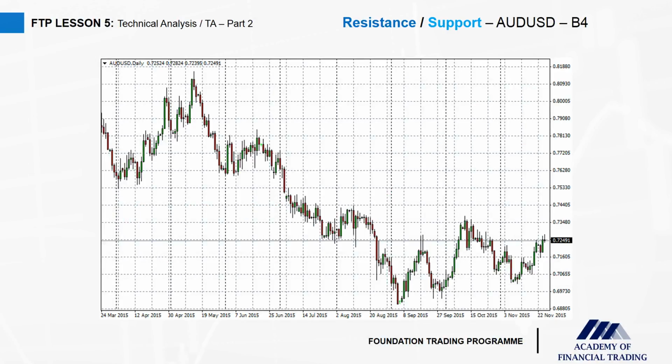But let's have a look at another example, where here we're looking at the Australian dollar versus the US dollar. Again, on the left, we see a simple range with an upside breach, and another range in the middle where we had a downward breach. Remember, that middle red line is a floor at the start, and it's a ceiling afterwards. It's our support at the start, then it becomes our resistance.